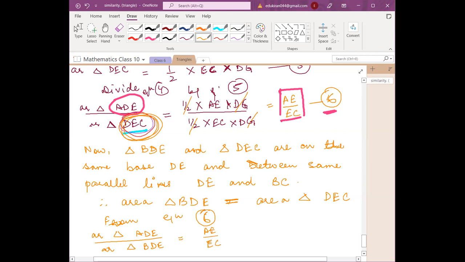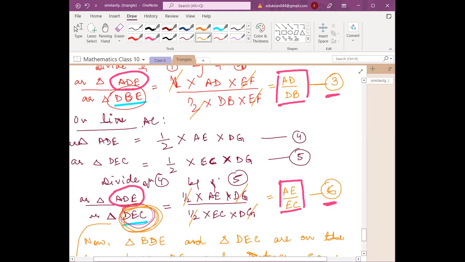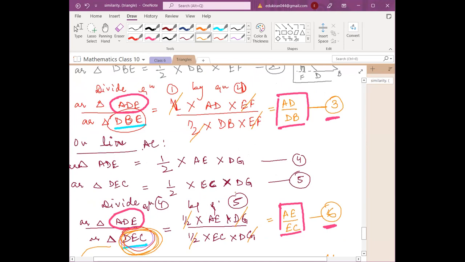So basically, I have converted my equation 6 into this. Let me give it a name, equation 7, because now I want to compare this equation 7 with the third one here. So now compare third and seventh.